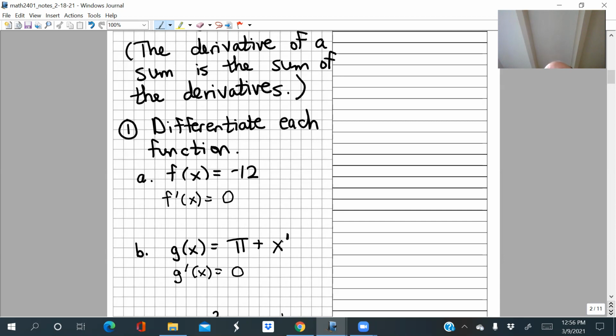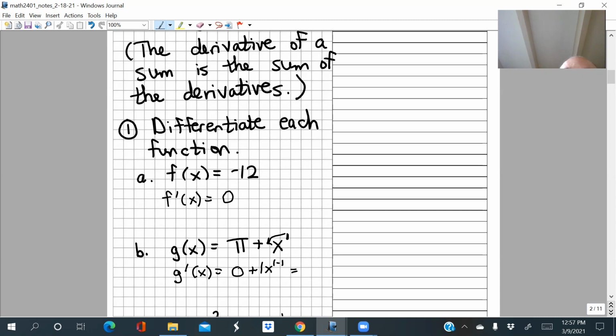So that means that we can use the power rule to find the derivative of this term. The power rule says I find the derivative by bringing the exponent down as a coefficient. So I have 1 times x and then subtract 1 from the exponent. So I get 1 minus 1.